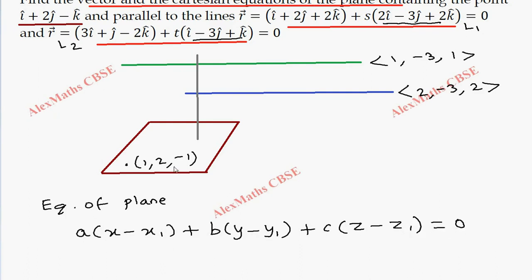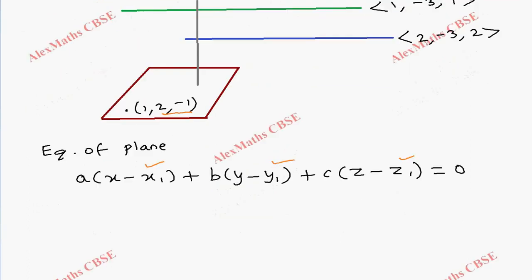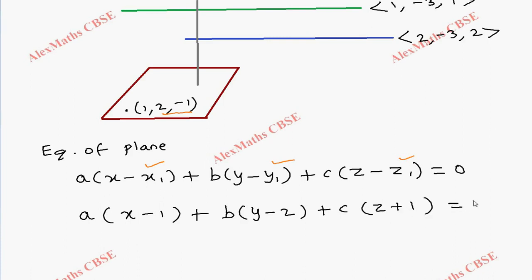Now the plane contains this point, so we have to substitute for x1, y1 and z1. So this gives a into x minus 1 plus b into y minus 2 plus c into z plus 1 equal to 0.